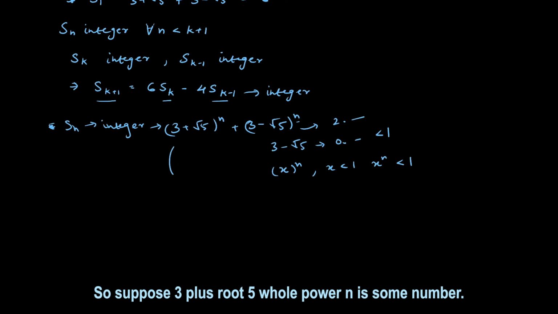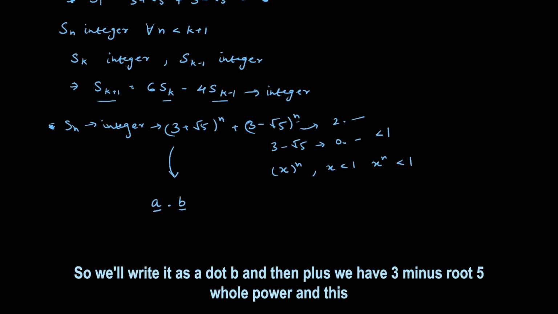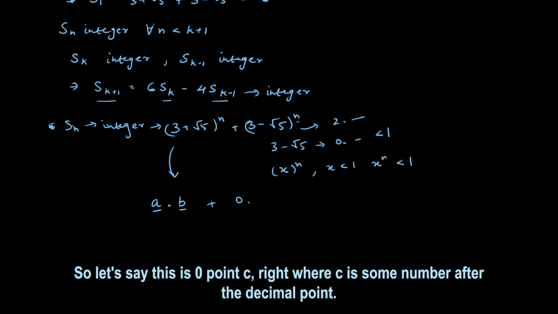So suppose (3 plus root 5) whole power n is some number, let's say a dot b, where a is the integer part of the number and b is the decimal part. And then plus we have (3 minus root 5) whole power n. This is also always less than 1. So let's say this is 0 point c, where c is some number after the decimal point.